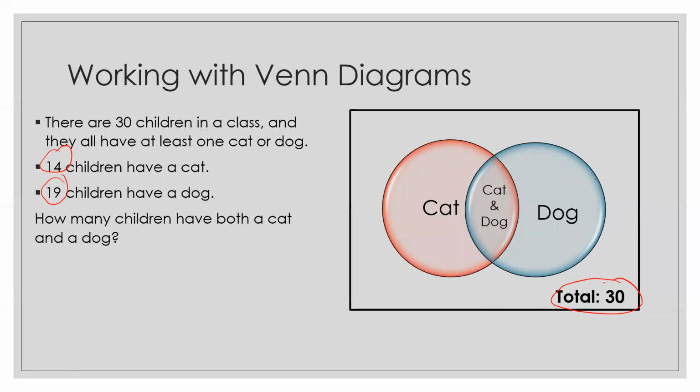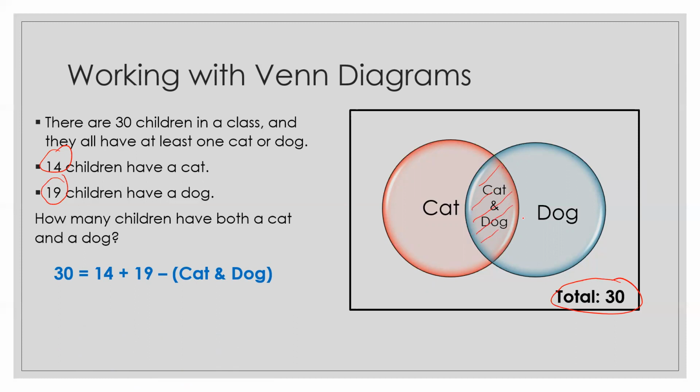That's the logic there. So when we take a look at this, we would say the total, which is 30, is going to equal the cat circle plus the dog circle. But when you do that, you would have counted this part right here twice, the overlapping part, right?